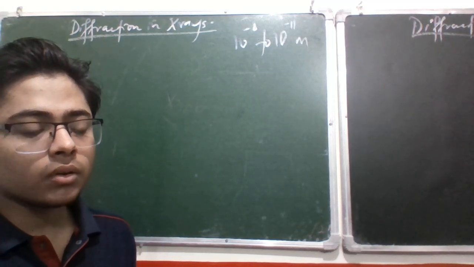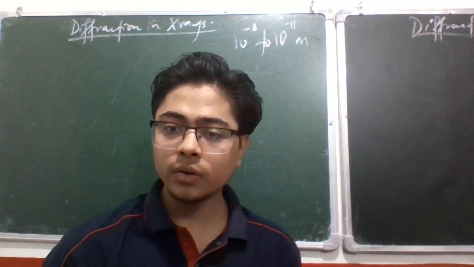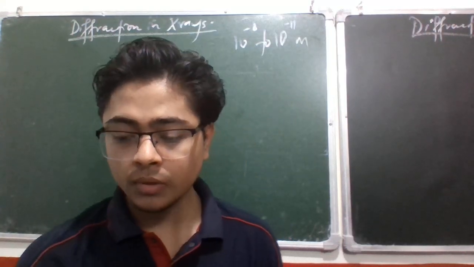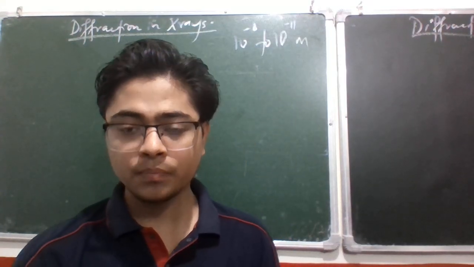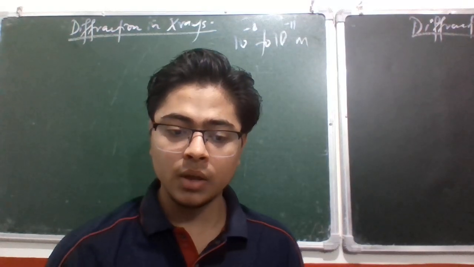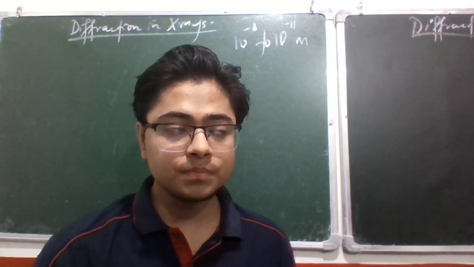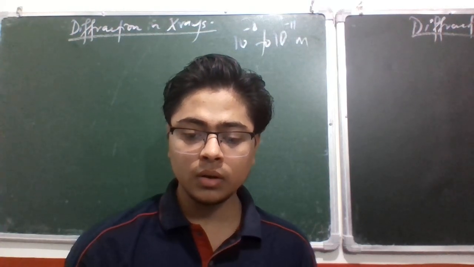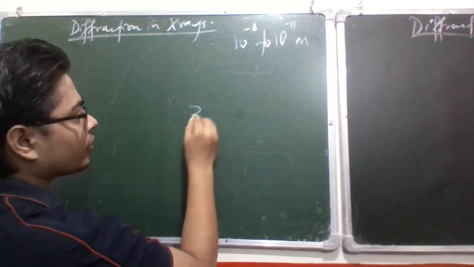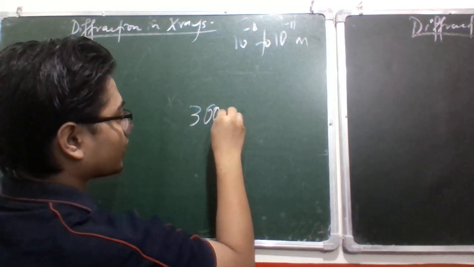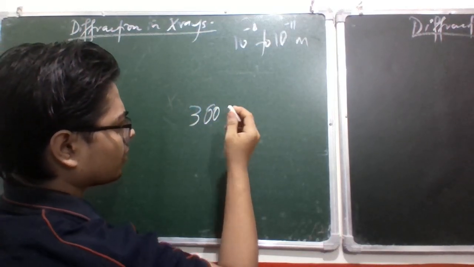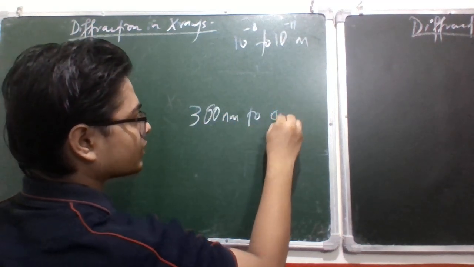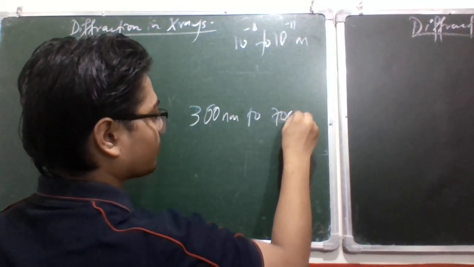Now, for a regular grating that is used for visible light, to diffract X-rays is an impossible task. Because if you remember, what is the wavelength of the visible light? It is 360 to 700 nanometer.